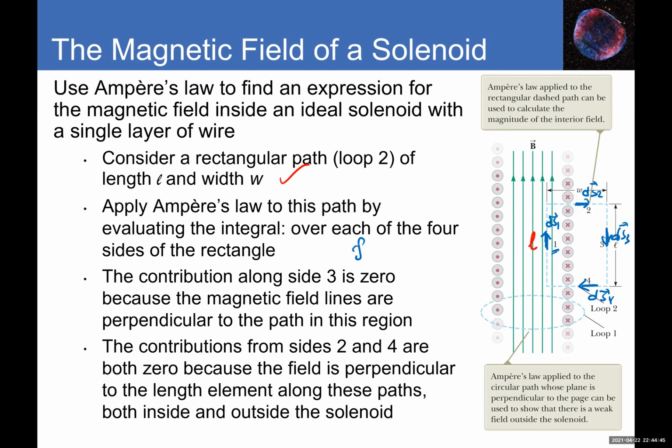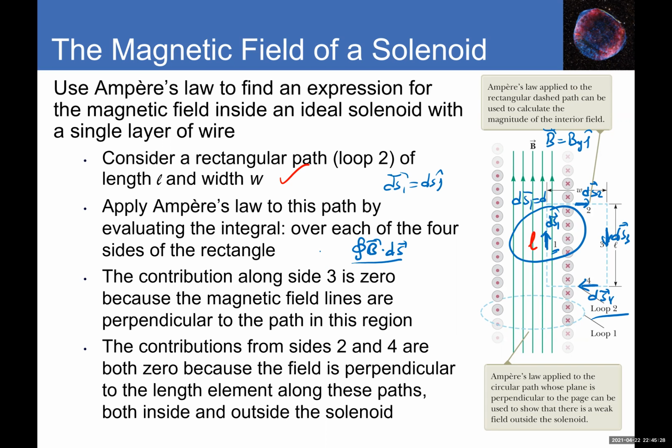Remember, when I apply this closed integral of B dot ds, I can see one thing. If I'm adding them all together, for the segment one of loop two, the magnetic field is, let's say, B j hat, because it's pointing upward. ds1 is then ds j hat.